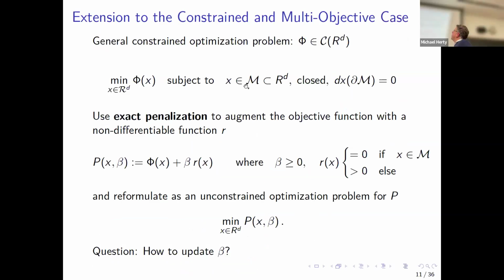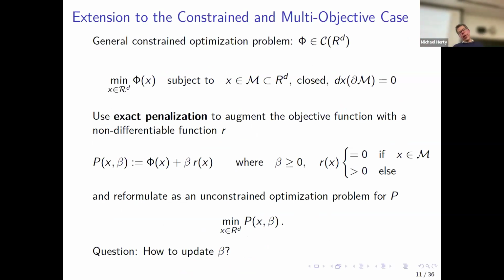The set could be a simple hypercube, or something given through the forward dynamics. In general, you would take a set M in R^D, which is closed and where the measure of the boundary is. Okay. And then the question is what to do.